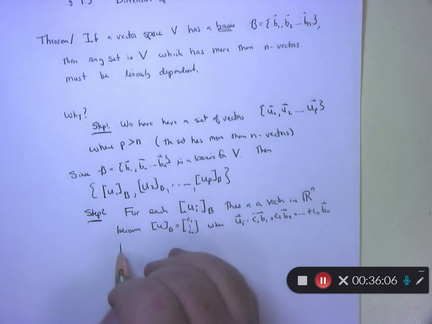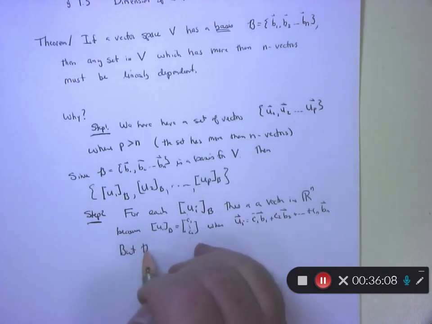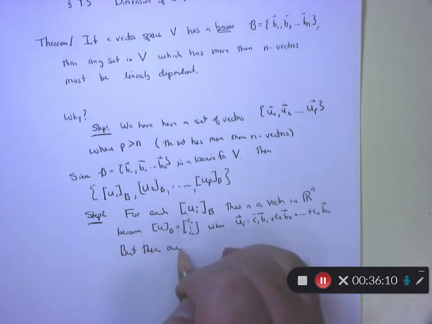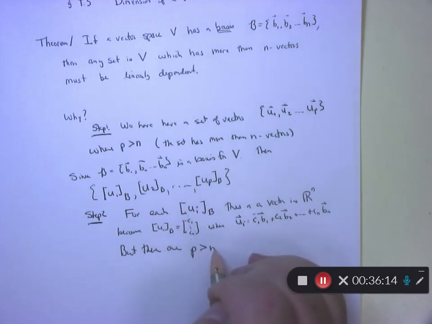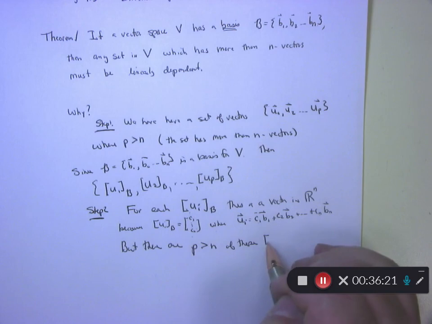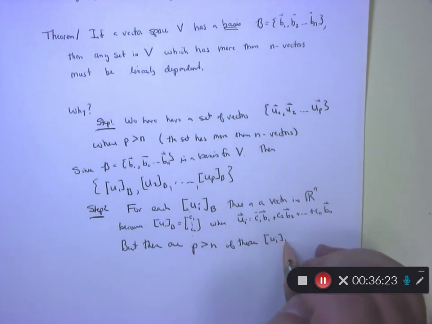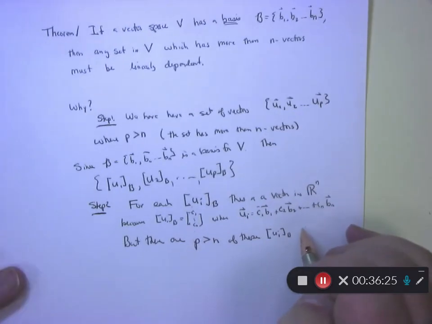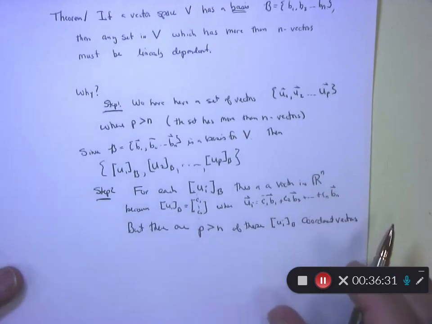But there are p, greater than n, of these Ui beta coordinate vectors. Okay?